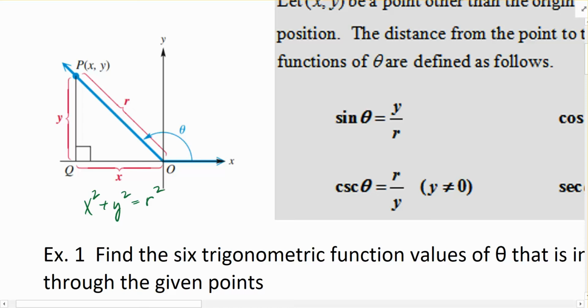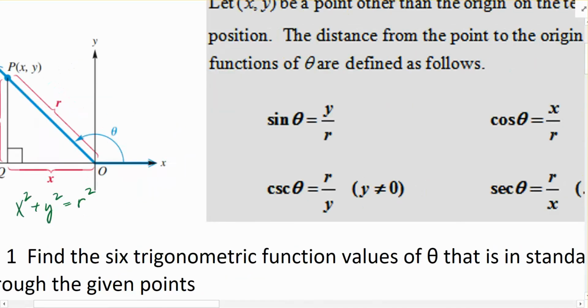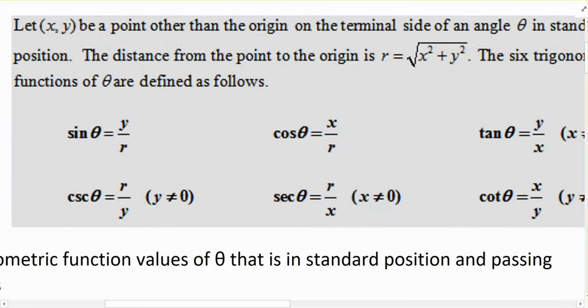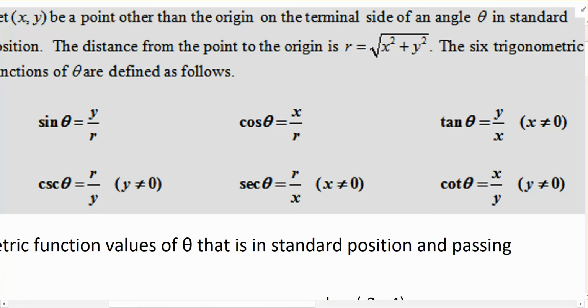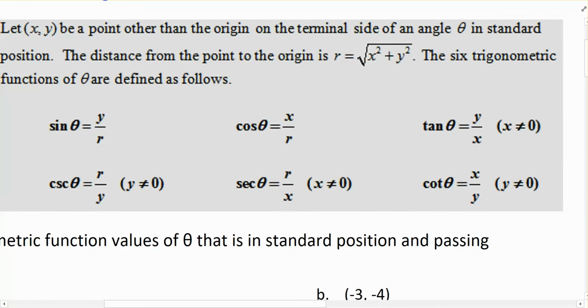And so in trigonometry, we are dealing specifically with right triangles, and we use Pythagorean's theorem to be able to talk about all sorts of values within our trig functions.